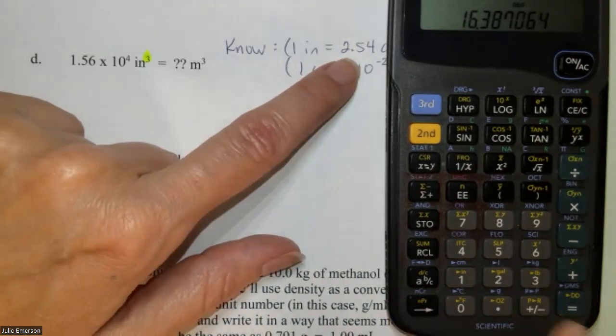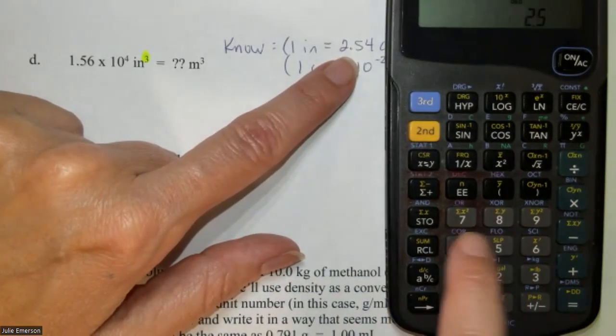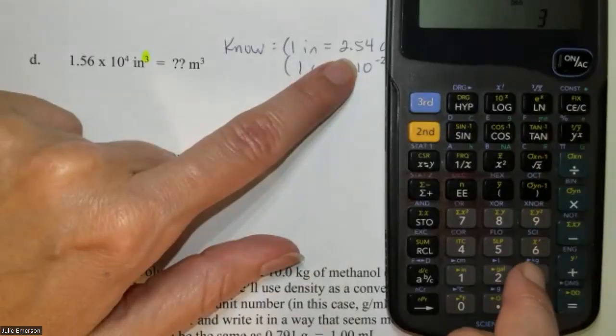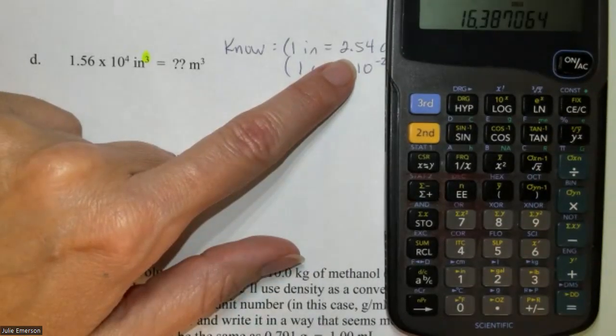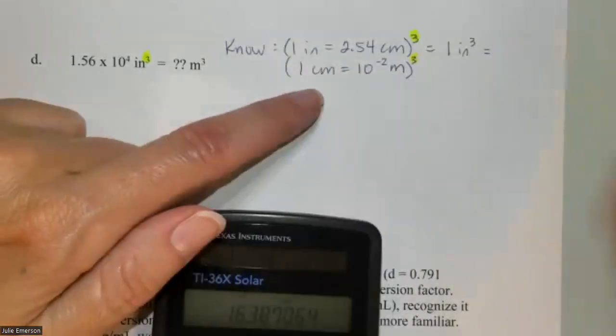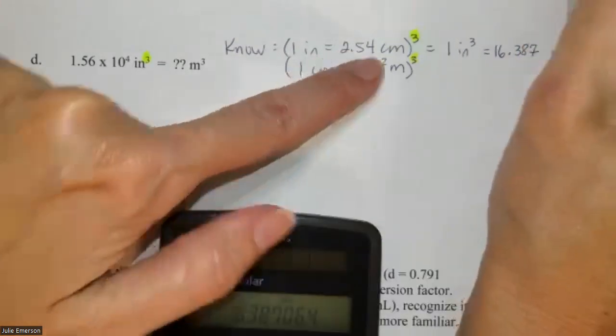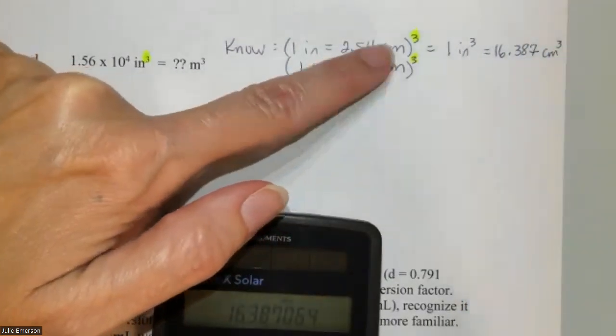All right, so just to show you again how I did that, I got 2.54. There's my y to the x, so raised to the third power, enter. So there's my 16.387. So 2.54 cubed, 16.387, and then centimeters cubed.